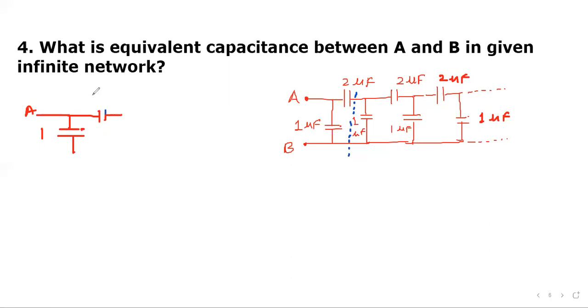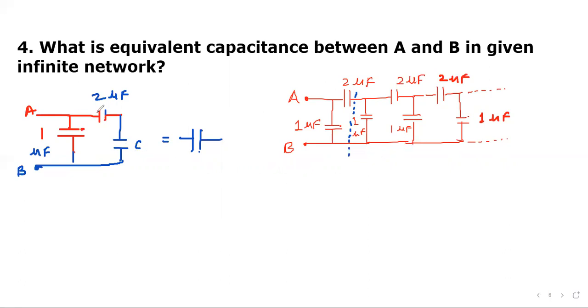So this is 2, this is 1 in terms of microfarad, and this is C. And we have assumed that equivalent capacitance is also equal to C, because from an infinite network, if some portion is retained, still total sum will remain same.